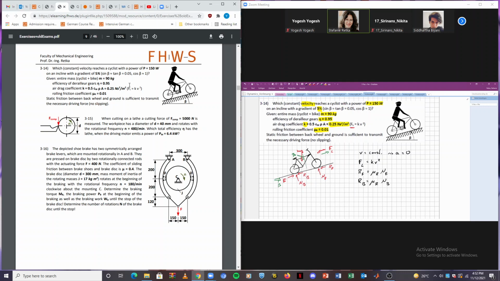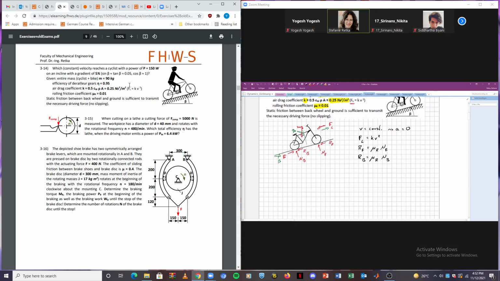Yes, because it's only an incline of 5%. You can simply compute the angle. So it's not a very steep incline, of course.